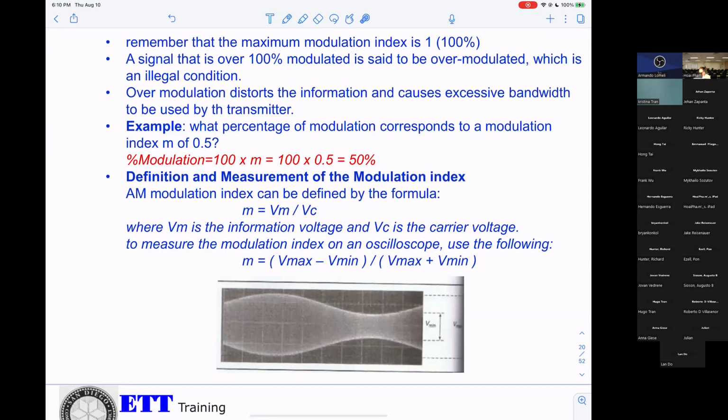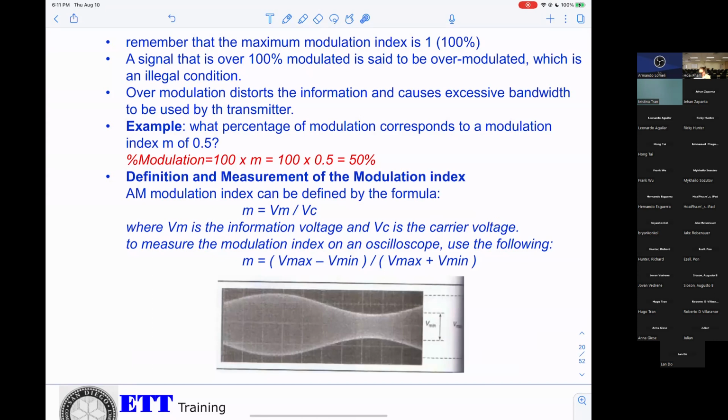Definition and measurement of modulation index. The AM modulation index can be defined by the formula M equals Vm divided by Vc, where Vm is the information voltage and Vc is the carrier voltage.